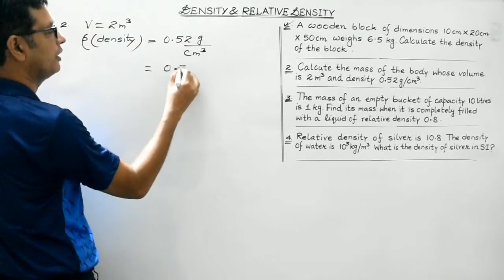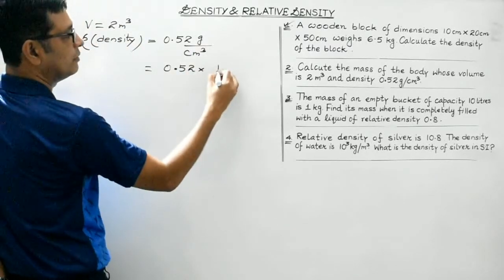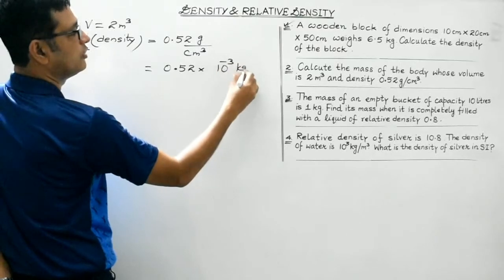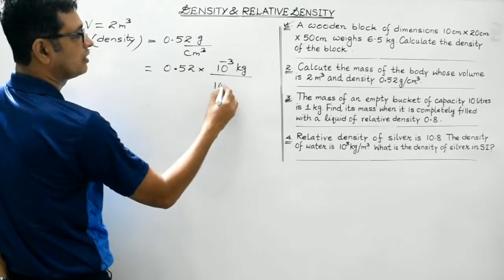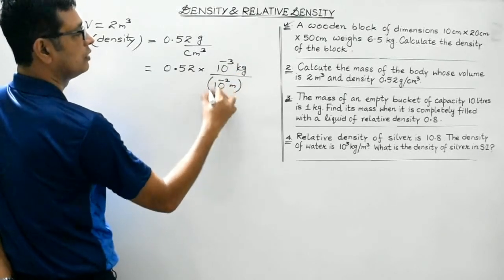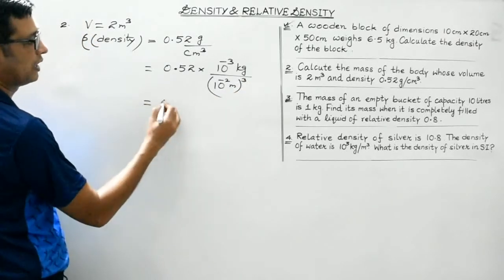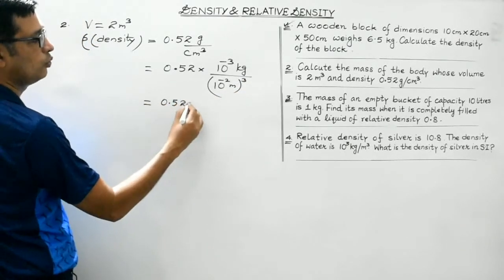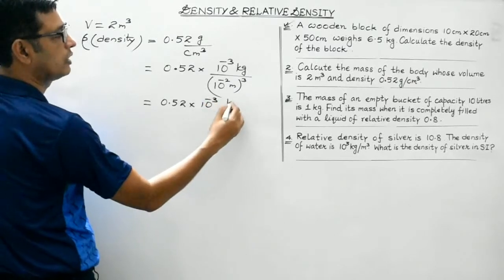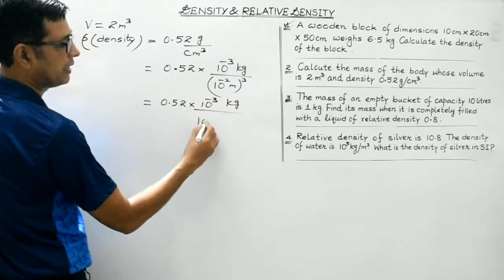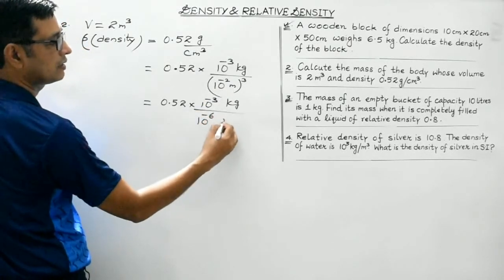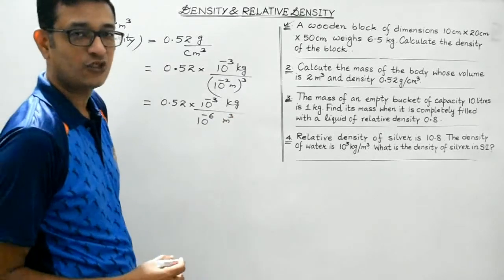So 0.52, 1 gram is 10 to the power minus 3 kg. 1 centimeter is 10 to the minus 2 meter, to the power cube. So what we get is 0.52 multiplied by 10 to the minus 3 kg divided by 10 to the power minus 6 meter cube. Right, students?